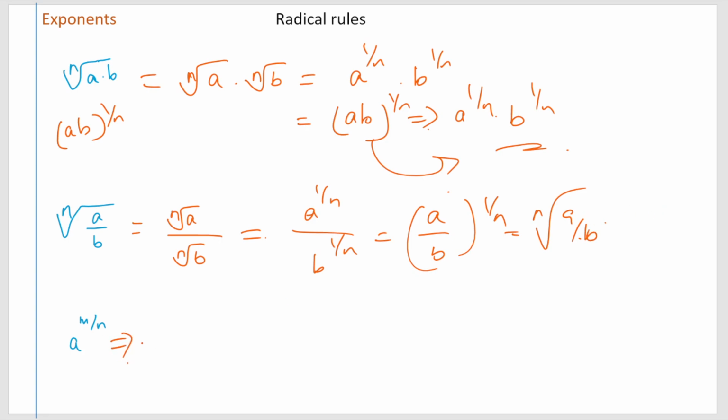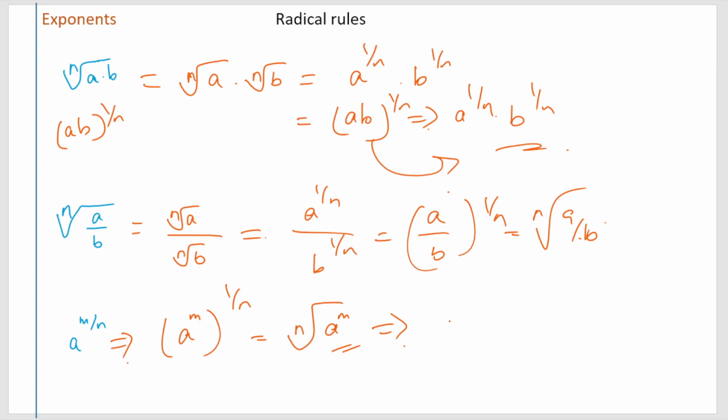Now coming to a^(m/n), you can convert this as (a^m)^(1/n). By using the rules, we can write this as the nth root of a^m. You can also write this as a^(m/n), right?